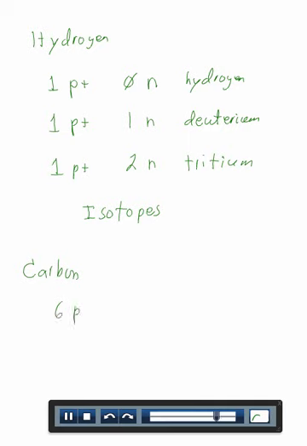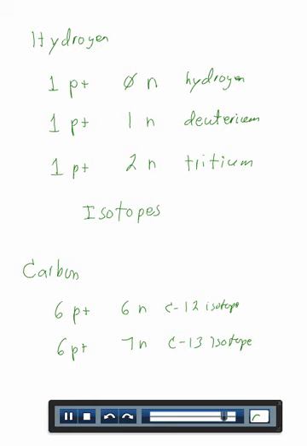So you have 6 protons and 6 neutrons for one isotope. This is called the carbon-12 isotope, C12. You'd have 6 protons and 7 neutrons. This is the carbon-13 isotope. The numbers 12 and 13 are obtained by adding the number of protons and neutrons.